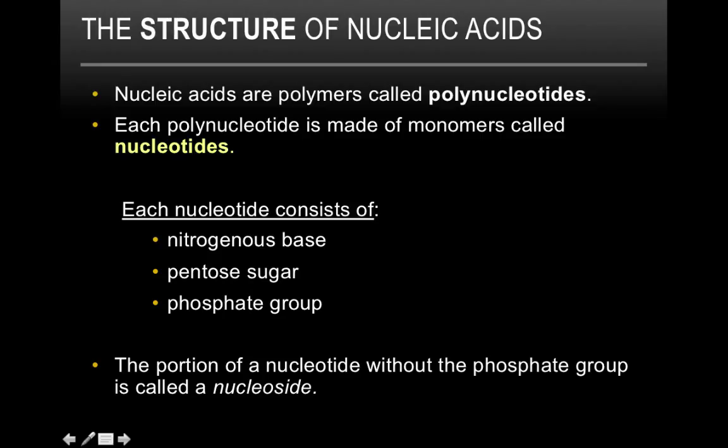We will now talk about the structure of nucleic acids. You have to know a bit about the structure in order to understand how they function, because as always, structure determines function. Nucleic acids are polymers. They are very large molecules or macromolecules, and therefore they are called polysomething.